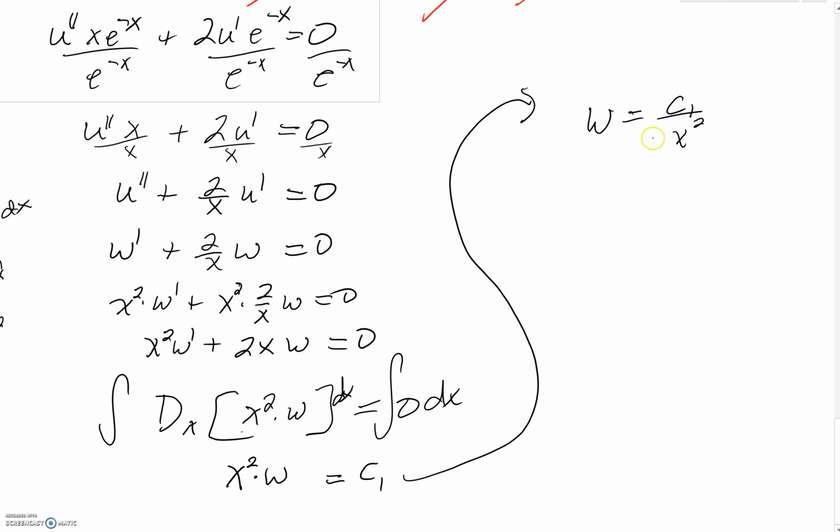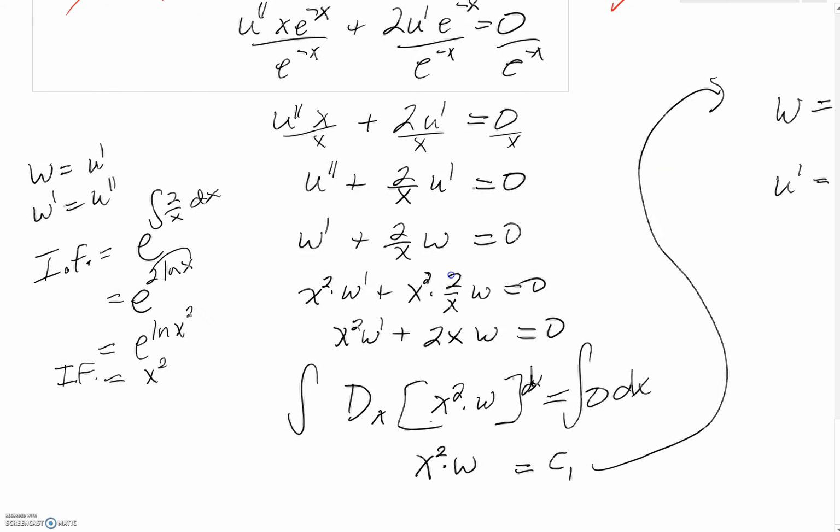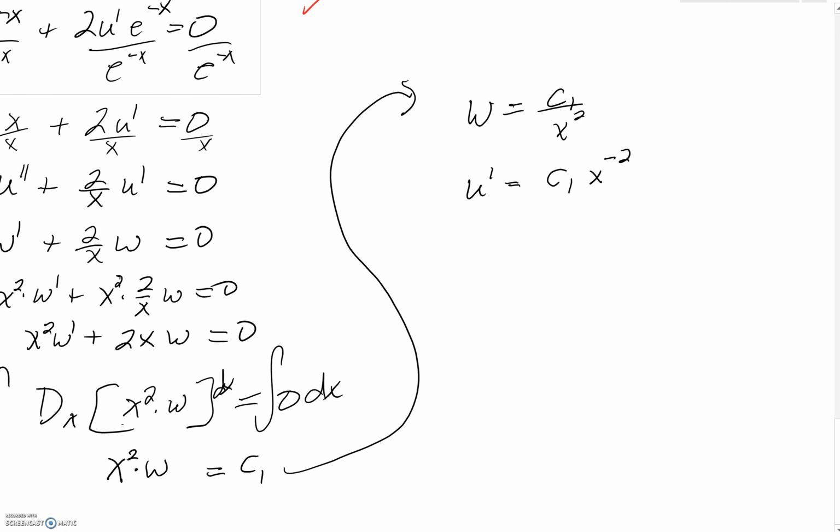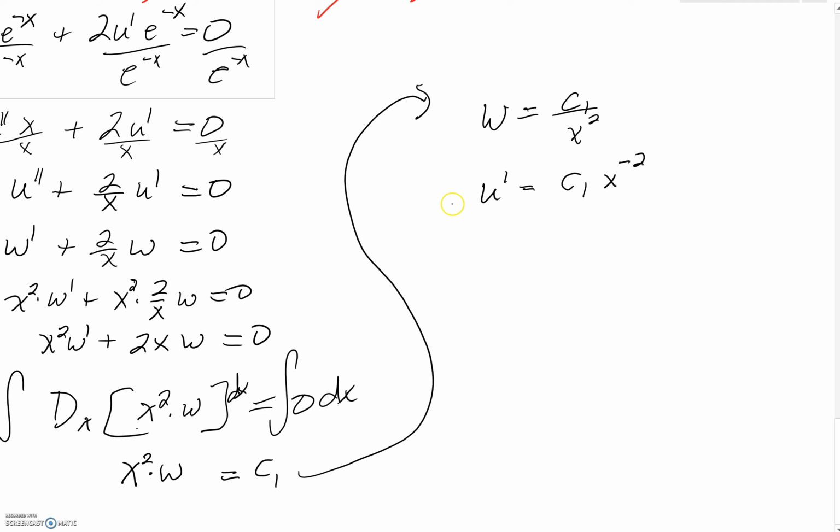Now w, remember what we did here. W honestly was just filling in for u prime. It was there to reduce order and to turn this into a first derivative differential equation. As we go ahead and integrate with respect to x, this becomes a u. This we bump up one power.